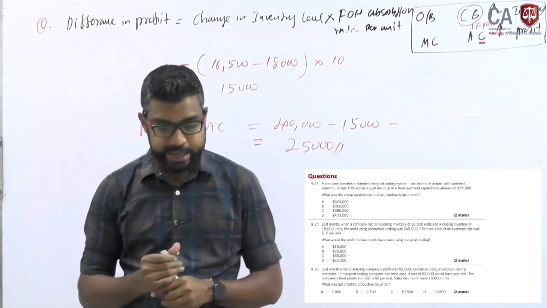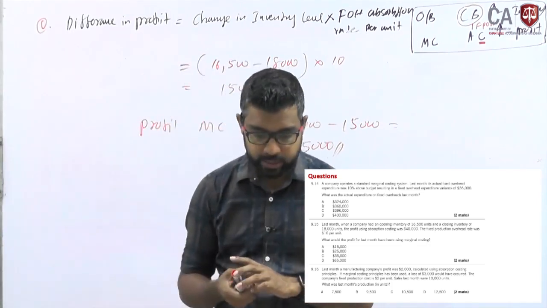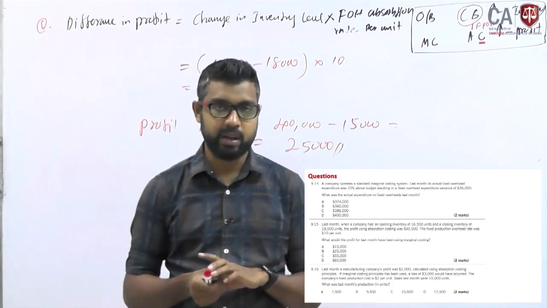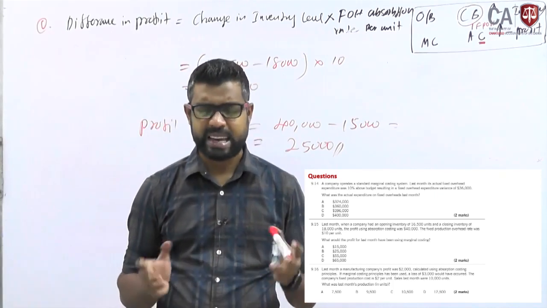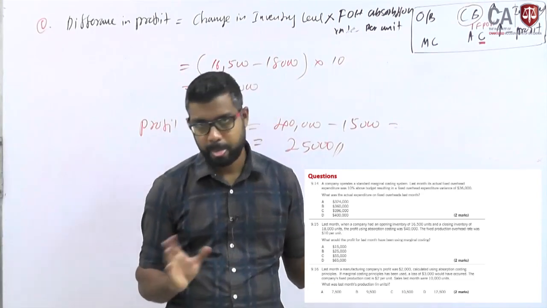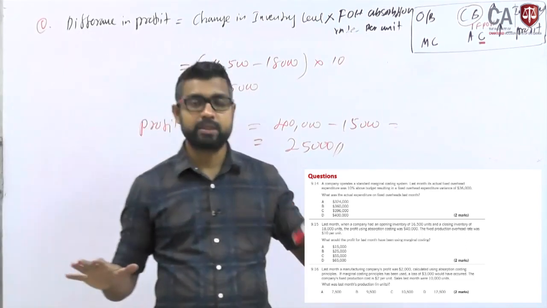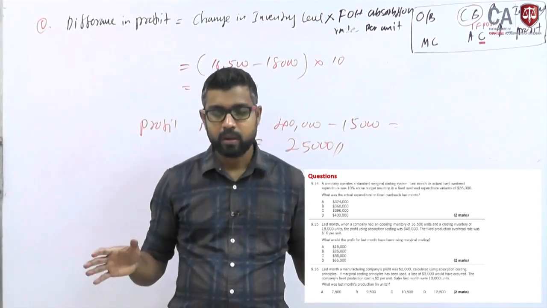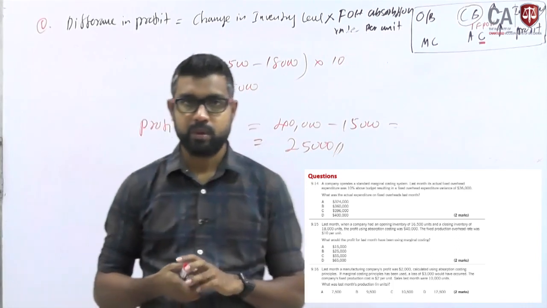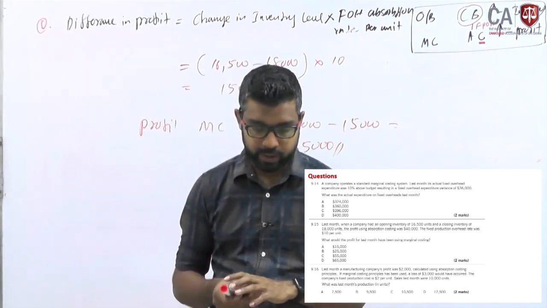Any change between marginal and absorption costing is due to what? Change in activity level that we have discussed. Any change between marginal profit and absorption profit is due to activity level change. If activity level does not change, definitely there is no difference between marginal costing profit and absorption costing profit.